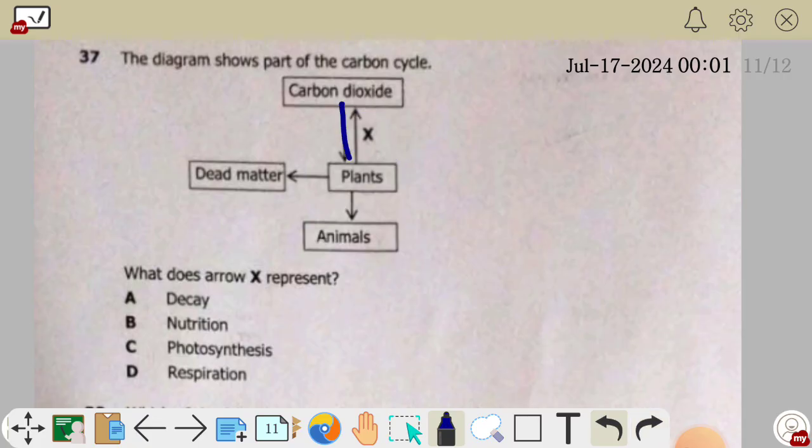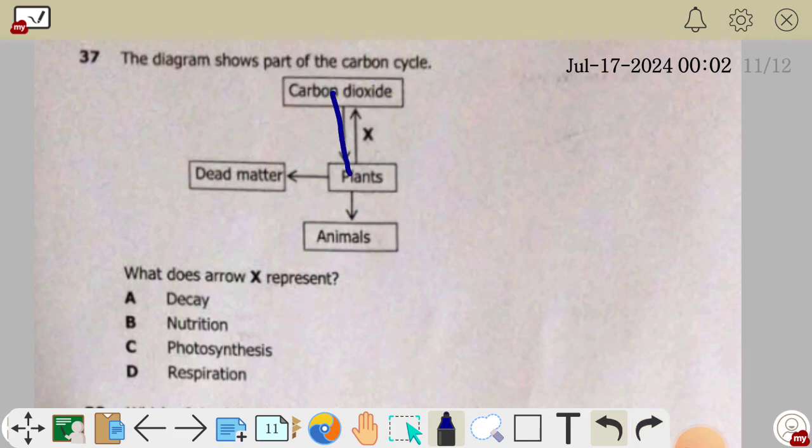So we have seen the arrows there. The plant is getting the carbon dioxide. So carbon dioxide plus water, you know the photosynthesis equation. What will be released is oxygen there in the atmosphere. But now here, what we can see is that we do not have oxygen, we have carbon dioxide there.